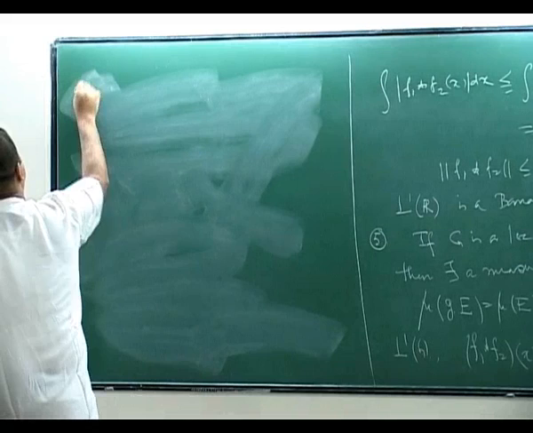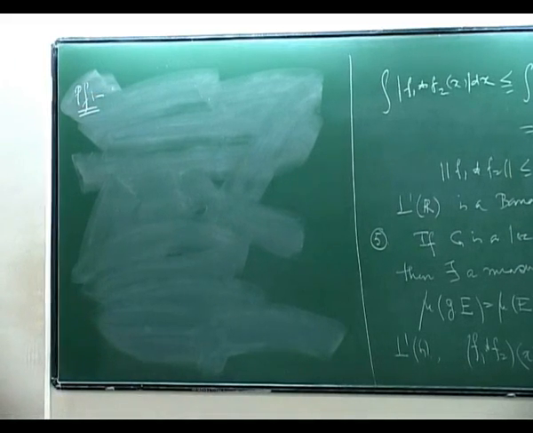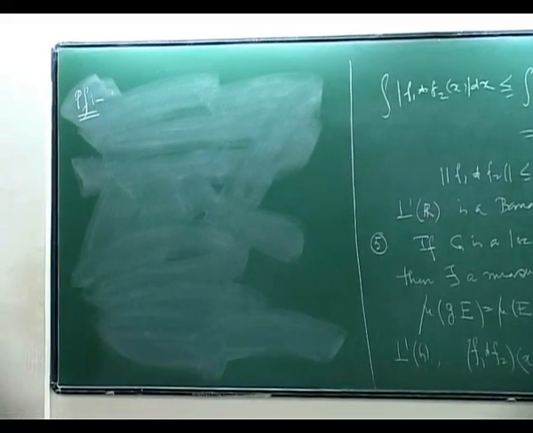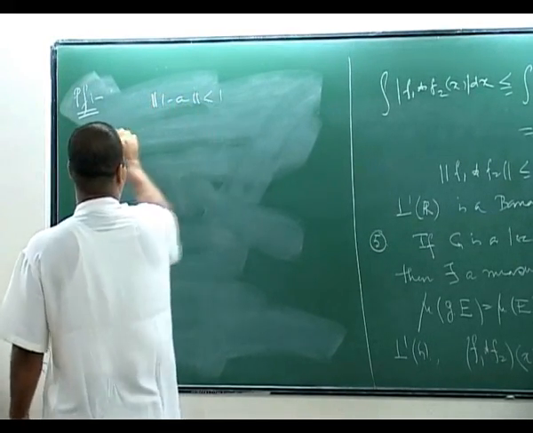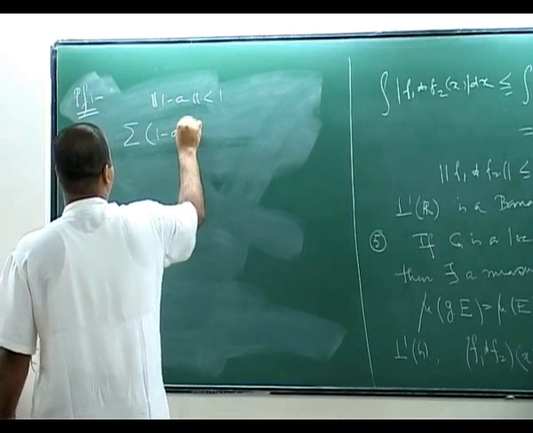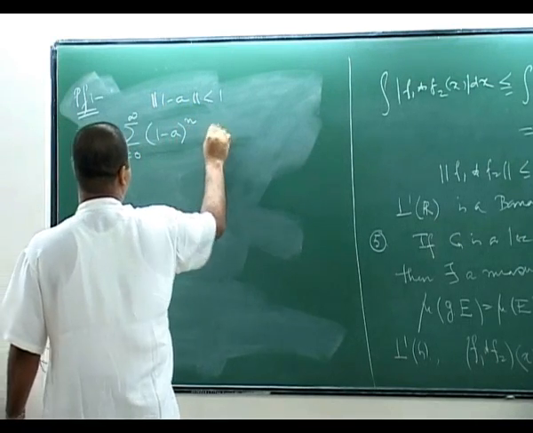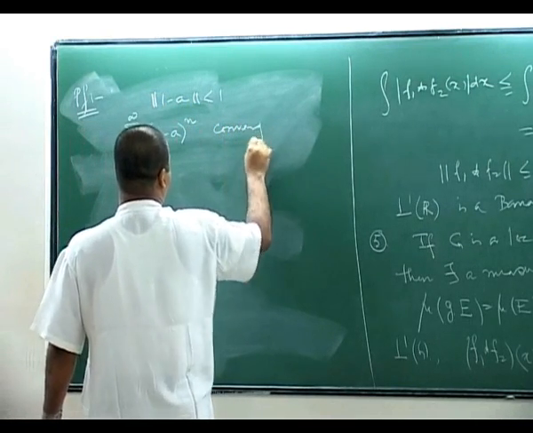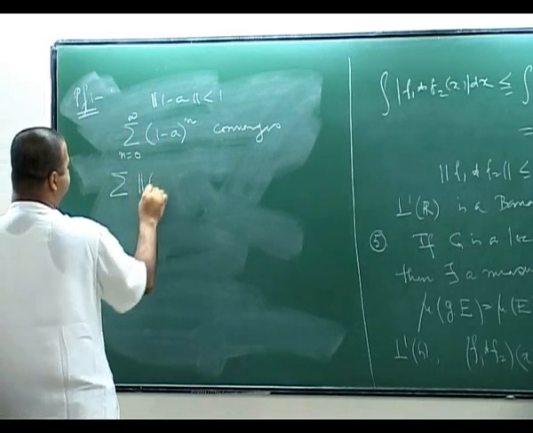So the proof is by geometric series. Norm of 1 minus A is less than 1. Then this series, we estimate these norms.